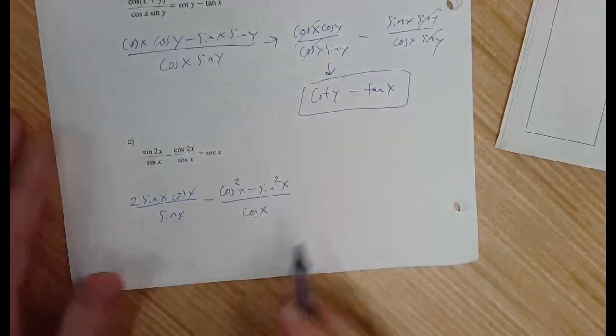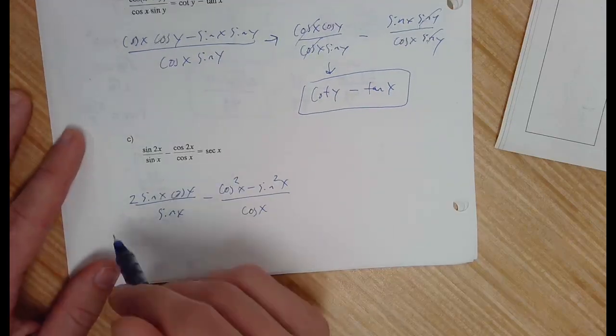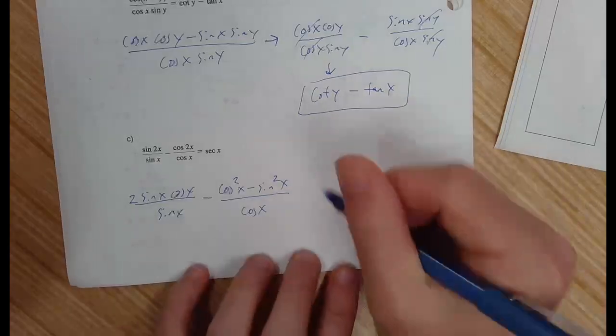Okay, let's now combine things together. So I'm going to multiply the left side by sine x over cosine x over cosine x, and the right side by sine x over sine x.